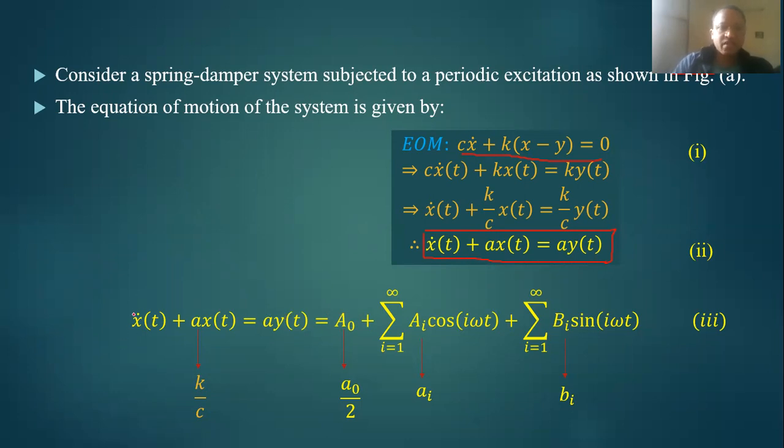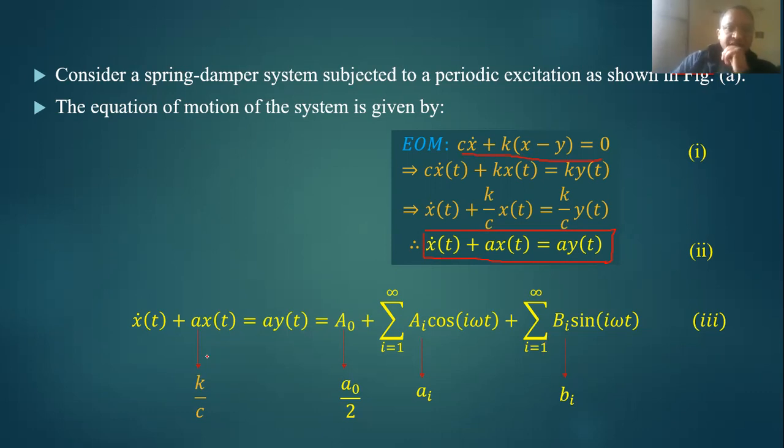So x dot of t plus a times x of t is equal to ay of t, which is equal to a naught plus the summation of ai cos i omega t for i from 1 to infinity, plus the summation of bi sin i omega t, for i from 1 to infinity.